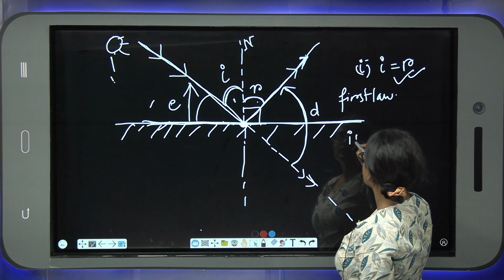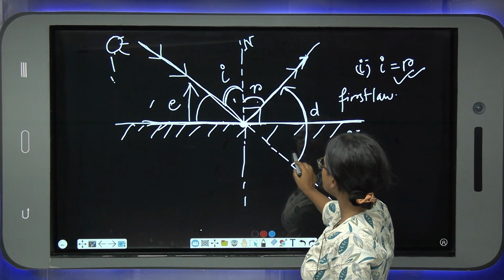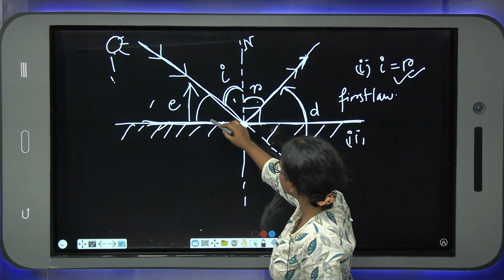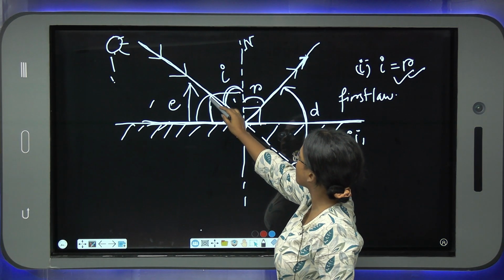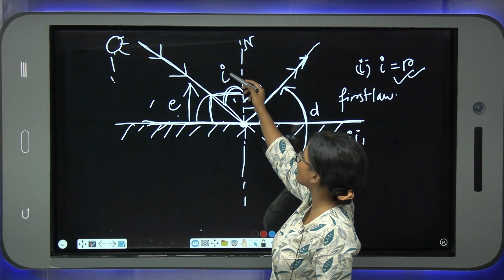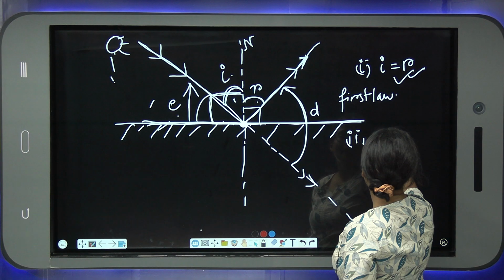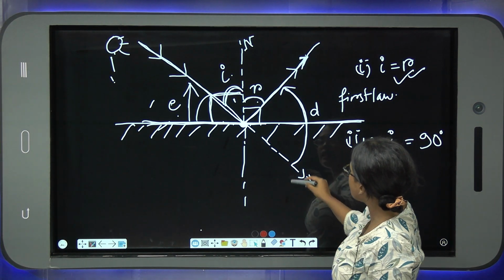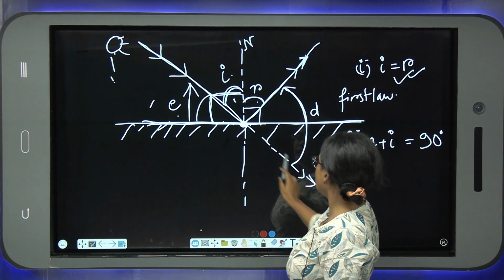Next thing is, a straight line is always 180 degrees. This is the normal to this straight line. So, this angle is also a perpendicular angle, that is 90 degrees. So, this angle of elevation and angle of incidence, what do they make? They add up to 90 degrees. For the angle of deviation, light travels in a straight line.